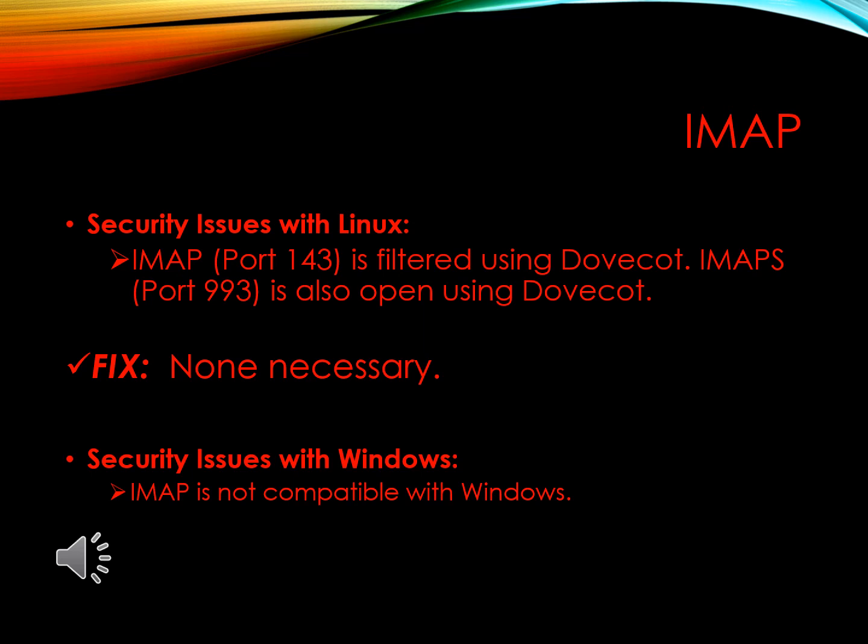Scans in the Linux server show that IMAP port 143 is filtered and IMAPS port 993 is open, and both were configured using Dovecot. Greenbone scans show that there are no security issues, and therefore no fixes are necessary.